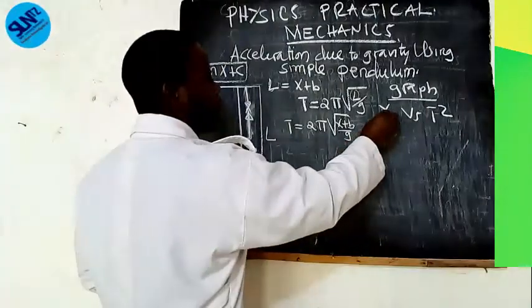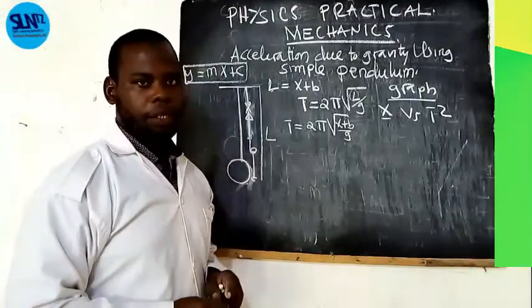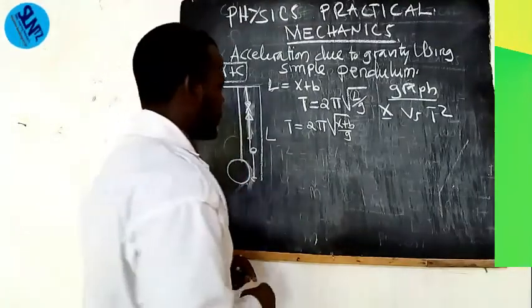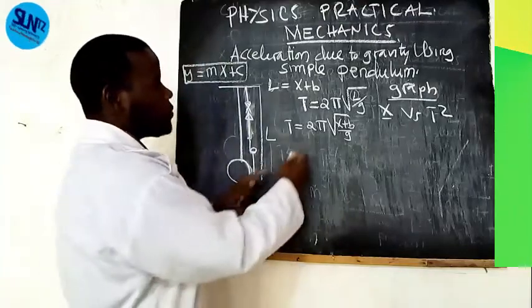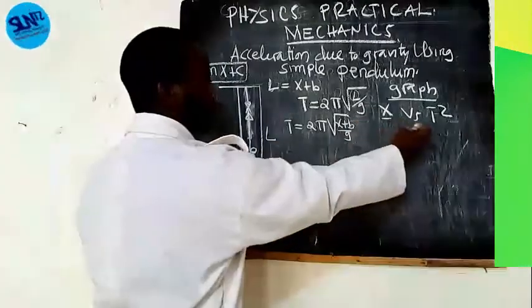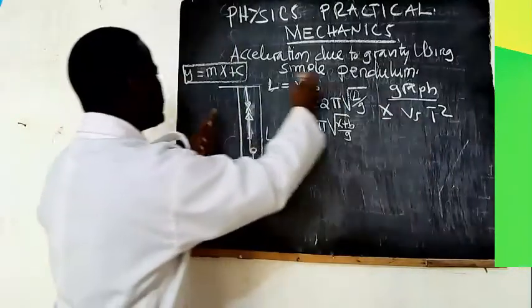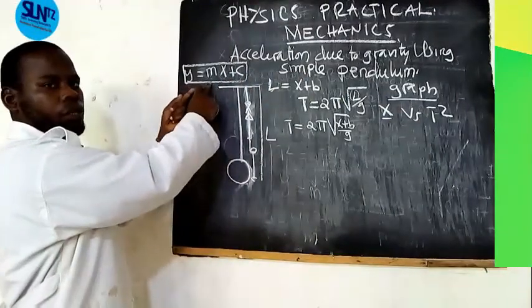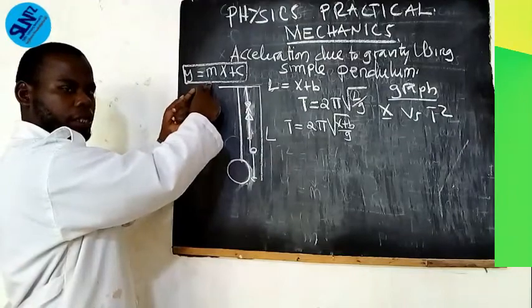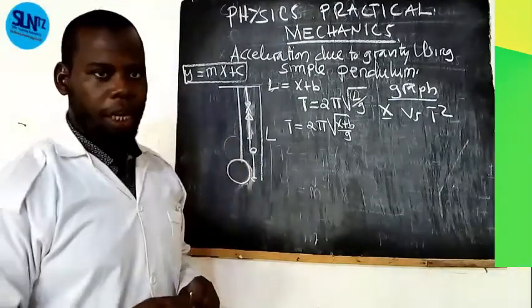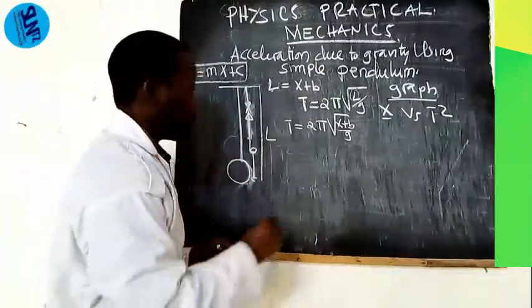It means x is the y-axis, so you have to make x the subject. You have to derive to reach here, so that your graph is proportional to this linear equation, and then you get the correct nature of a graph. Let's go.